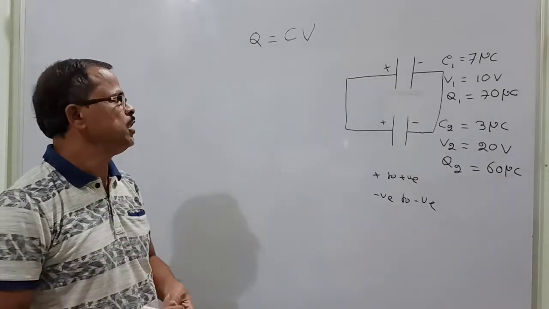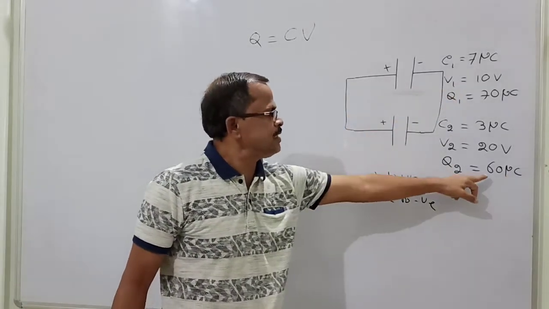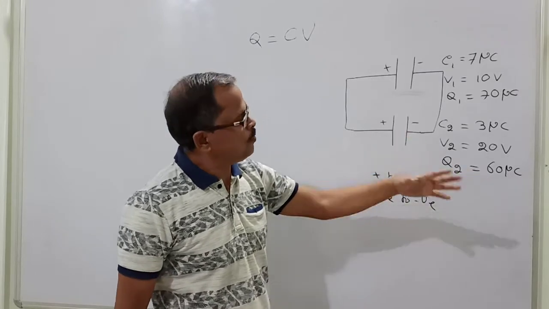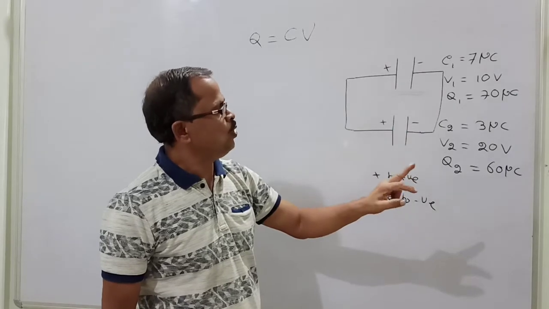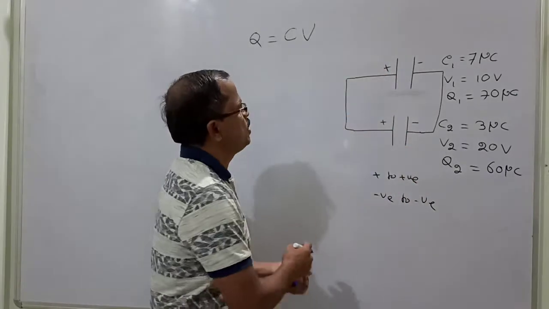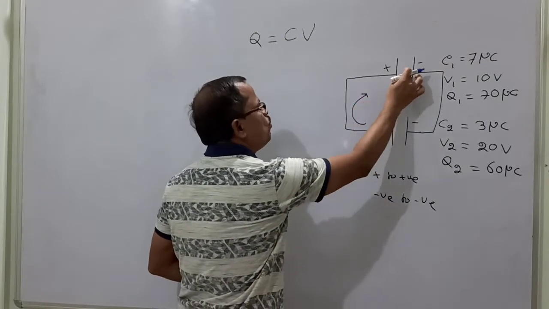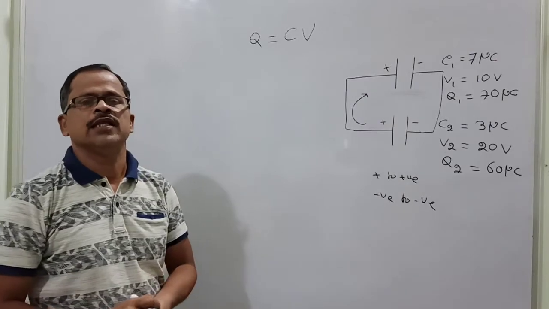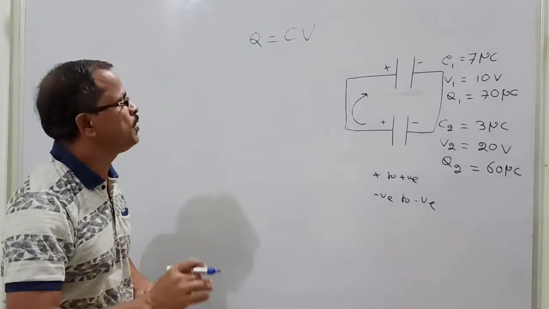Here the charge is more, 70, and in the other capacitor the charge is 60. Charge will never flow from a high value of charge to a low value of charge. Charge will always flow from the high potential capacitor to the low potential capacitor. So in this direction charge will flow till both the potentials are the same. That same potential is called the common potential. Then what is the formula of the common potential?